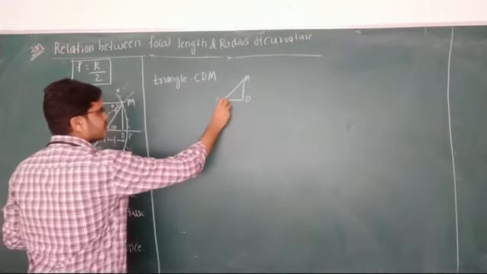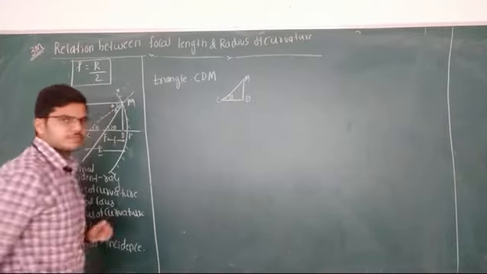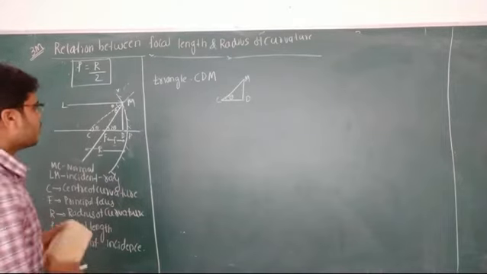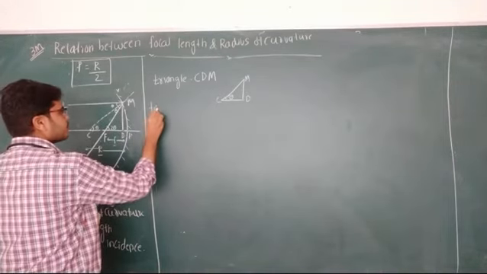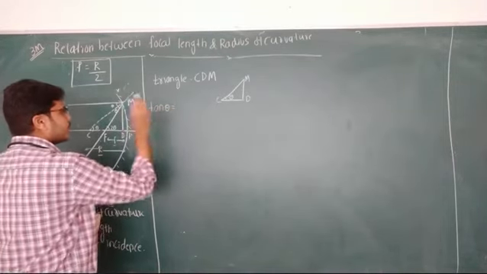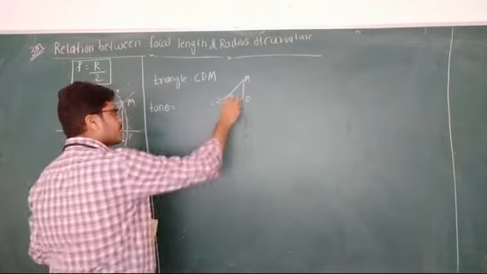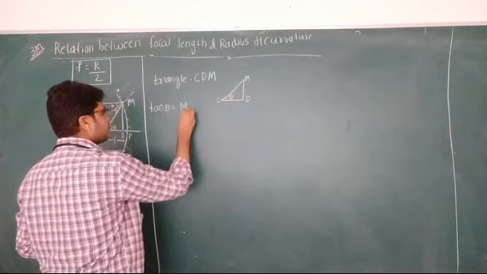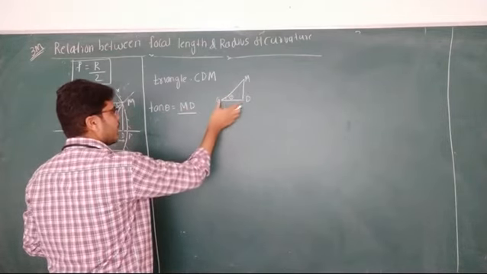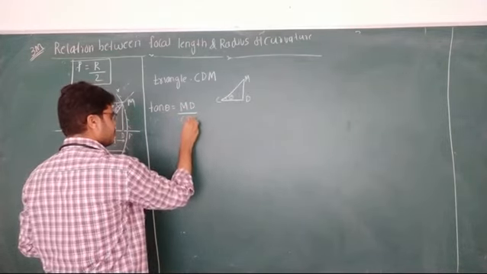Theta. This is the angle theta. Now, what is tan theta? Tan theta is equal to opposite divided by adjacent. This is the opposite, MD, divided by adjacent, which is CD.